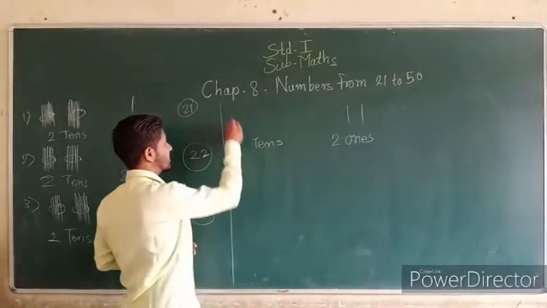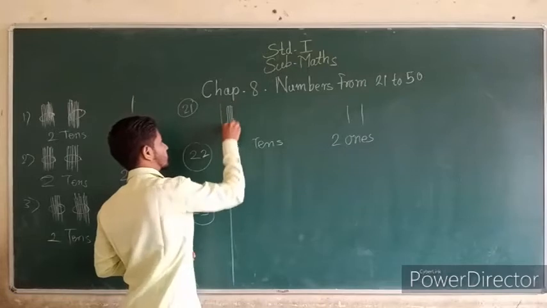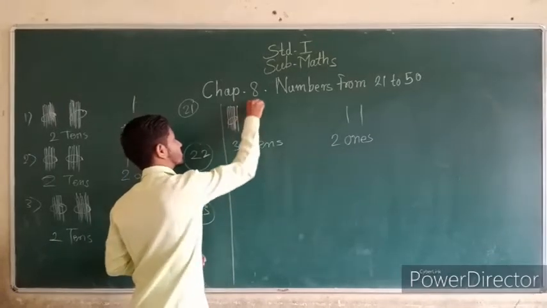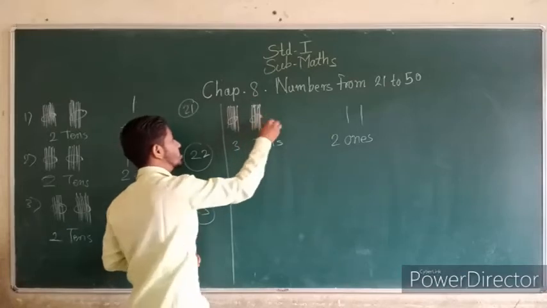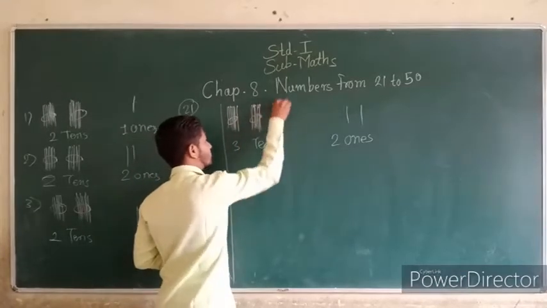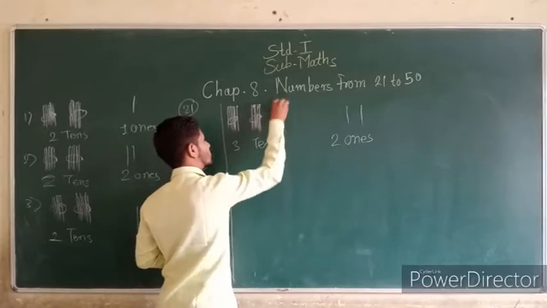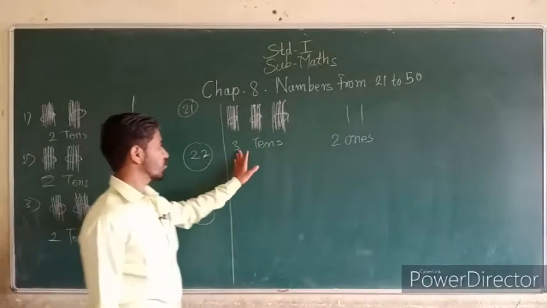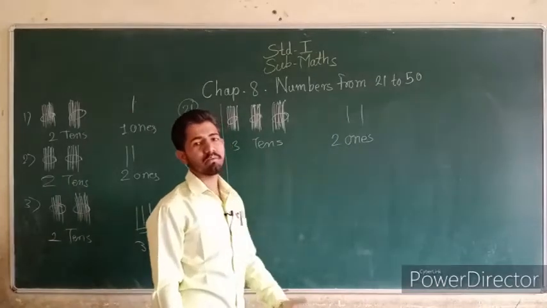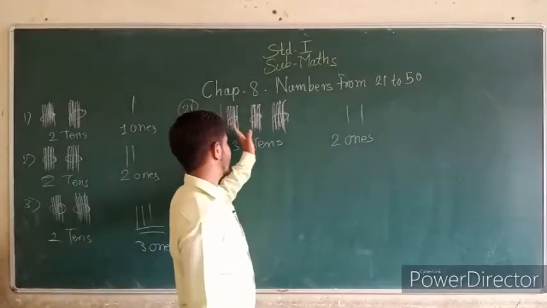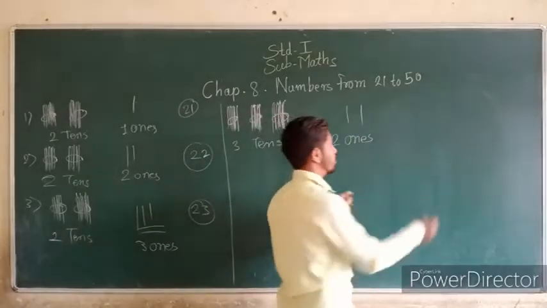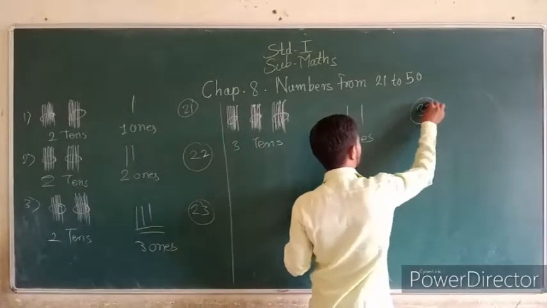We have to draw 3 bundles of 10s. 1, 2, 3. So we have to draw 3 tens here. So 3 tens plus 2 ones, what number do we get? 10, 20, 30, 31, 32. So we get the number 32.